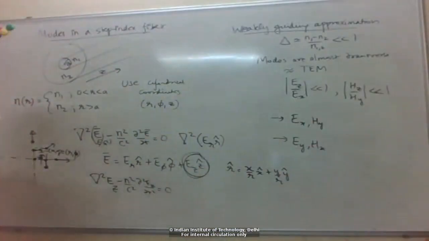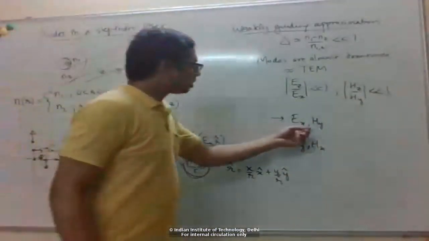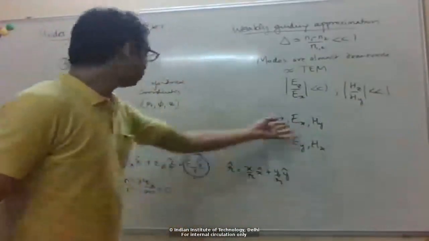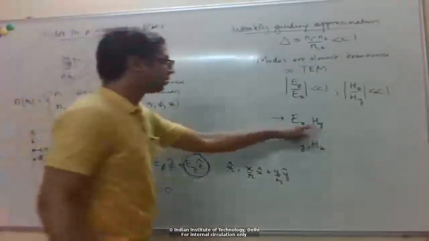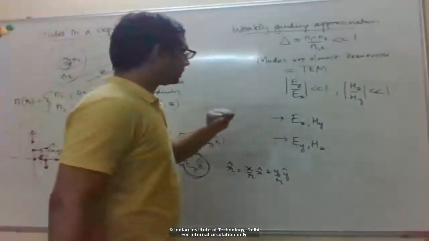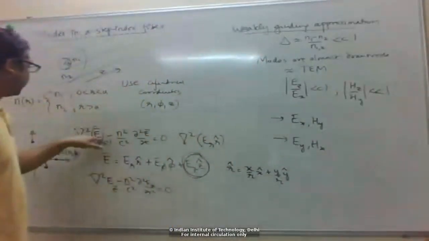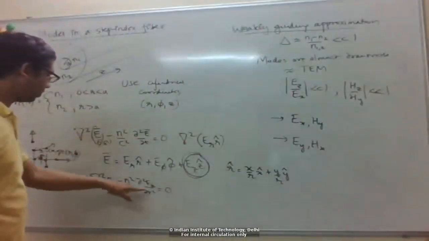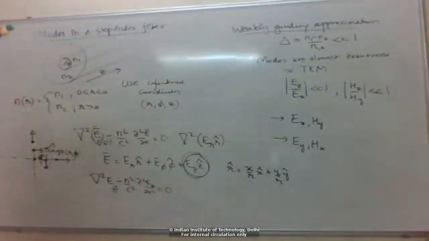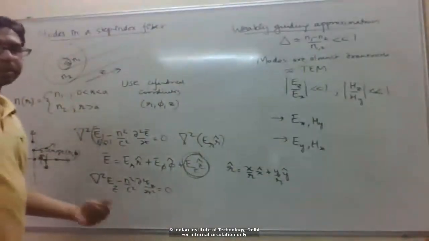So under that approximation, when we already assume that these are the only field components, then of course we can write a scalar equation for them. Because we already said only Ex exists, so we can write this equation in terms of Ex. Then of course the job becomes much easier.